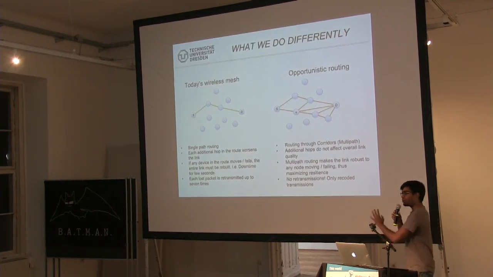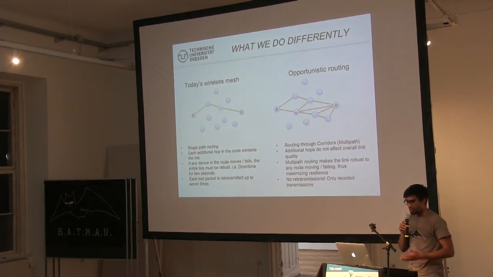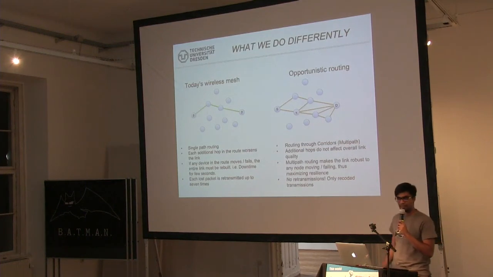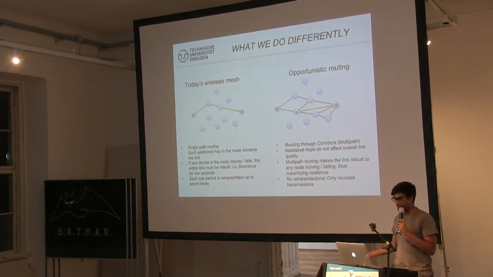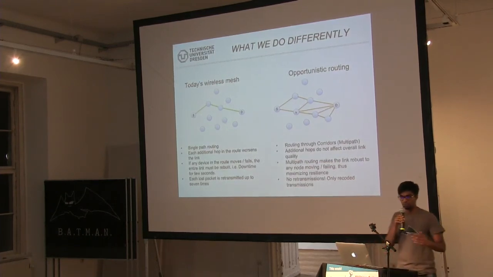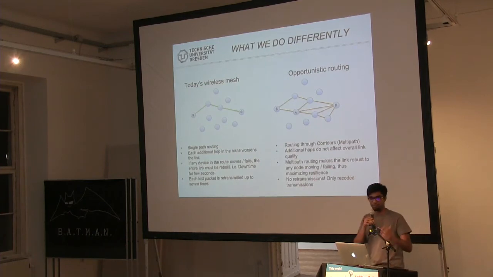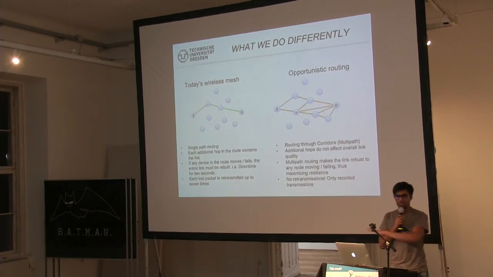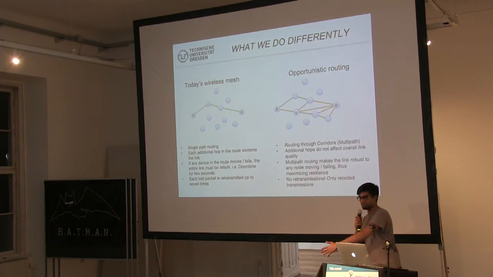But before I show you how we do that, I want to show you why we do that. Why do we want to use multiple paths? At some point when one node goes down or it moves, which in a mobile wireless mesh happens as a node moves around and your links change, the time that you take to react is the time that your routing protocol needs to understand how the network is, and it has to reestablish the link.